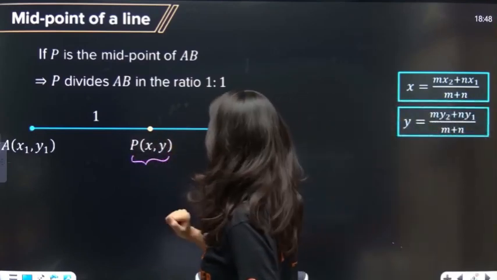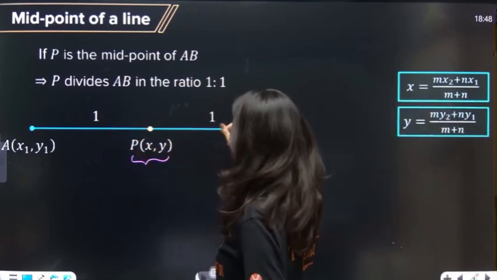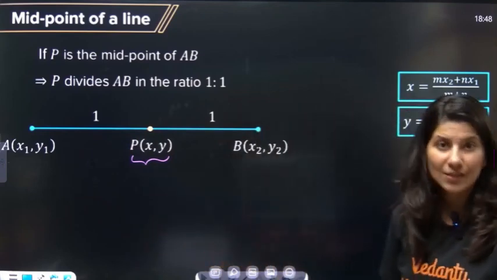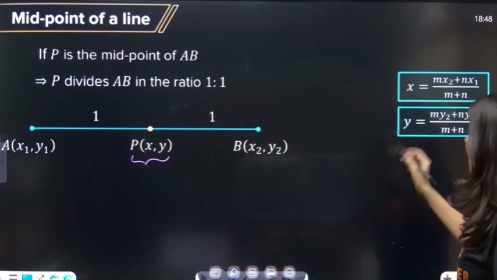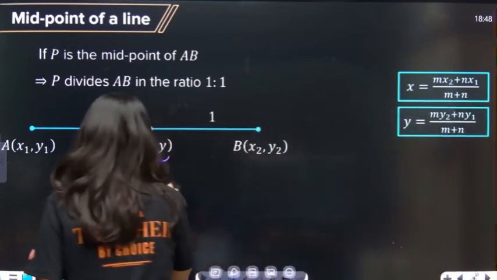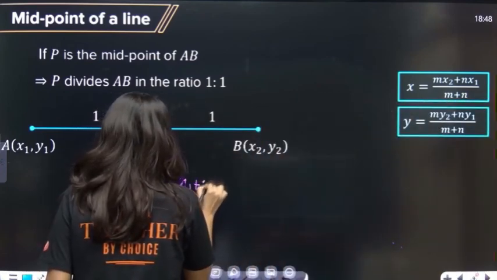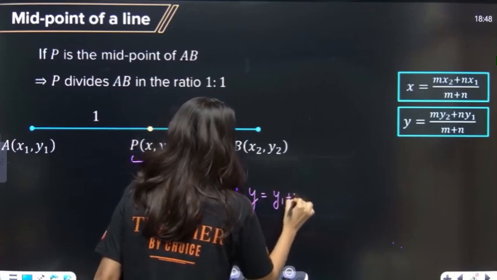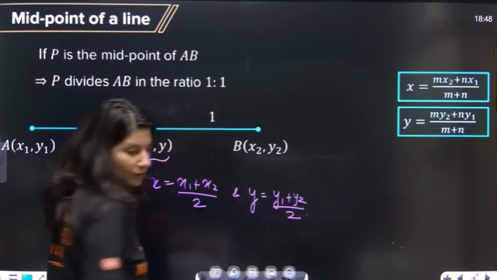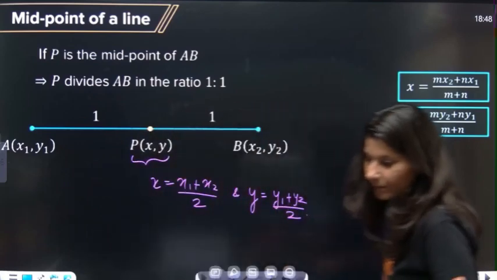Correct? So P is going to be what? (1x2 plus 1x1) by (1 plus 1), because m, n both are 1. Correct? So now this is the formula. So x is going to be (x1 plus x2) by 2, and y is going to be (y1 plus y2) by 2. Okay, everybody? Yes?